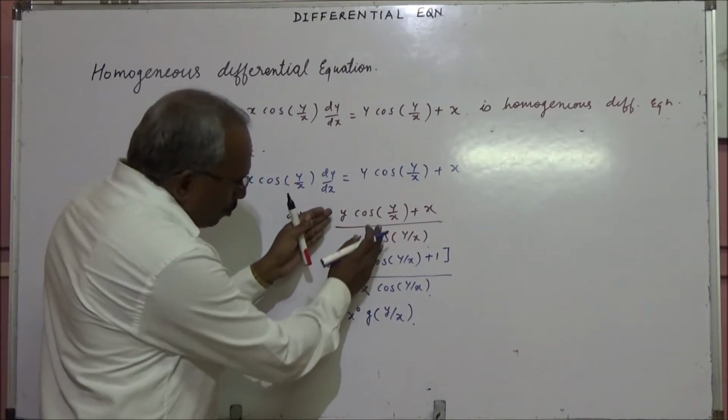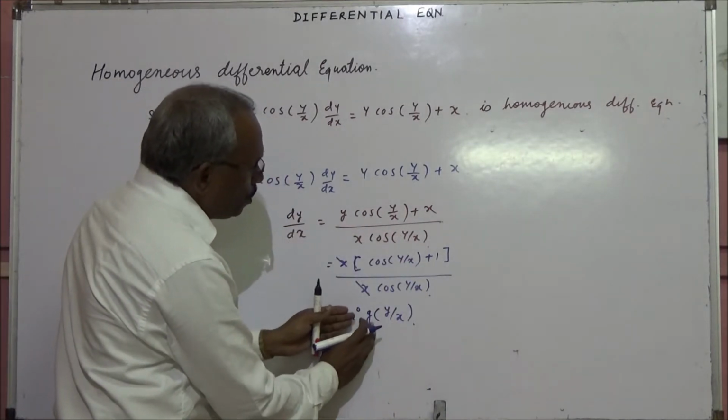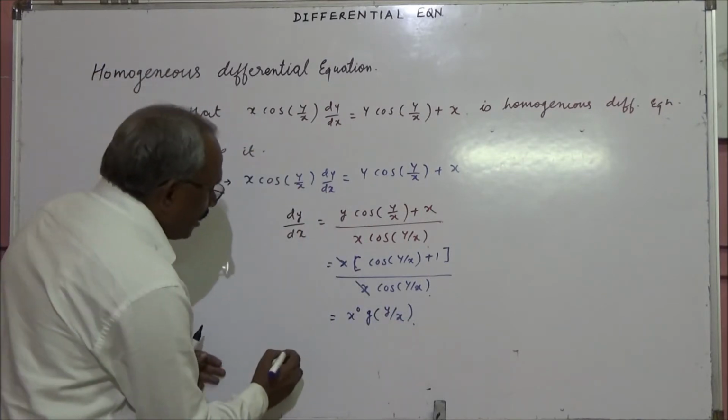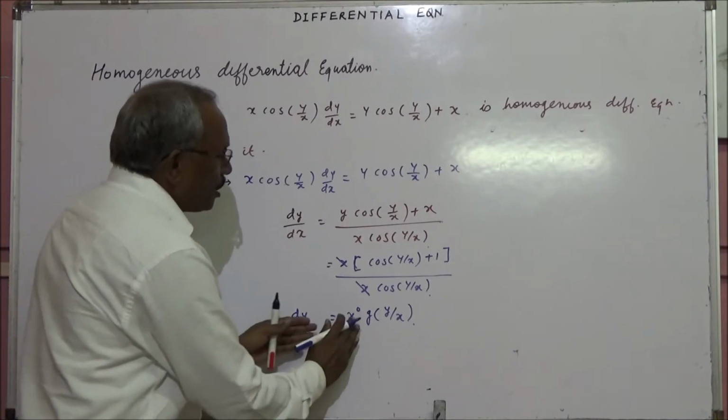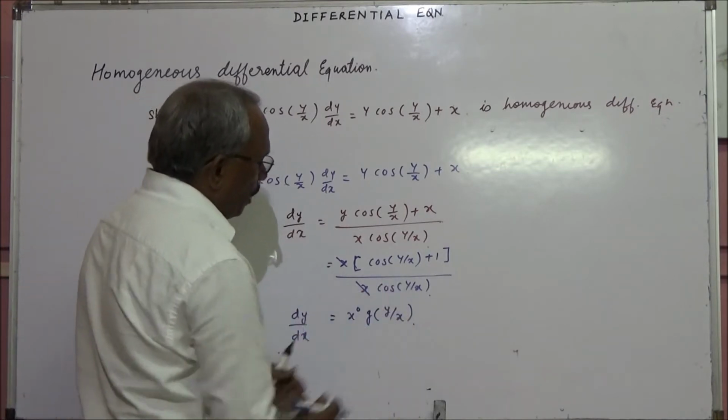So as this function can be written as x raised to 0 g of y by x, therefore dy by dx is equal to x raised to 0 g of y by x.